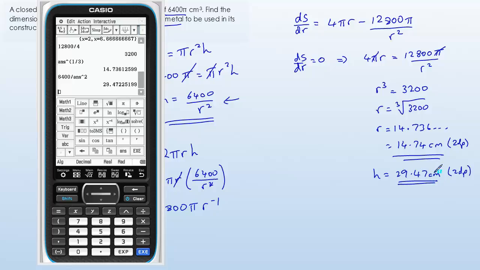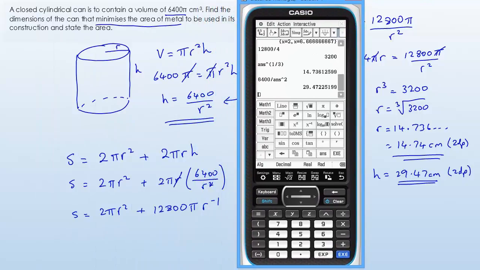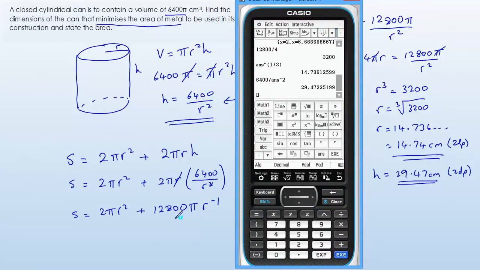And then we want the actual surface area. So we could use this one here. So we'll have 2 times pi times this one squared.